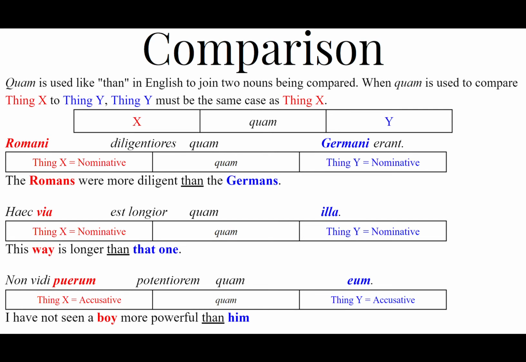So smaller is dative, and then "than that one" would also have to be dative with quam. So that's one way to do comparison: thing X, quam, thing Y, and thing Y must take on the same case as thing X.